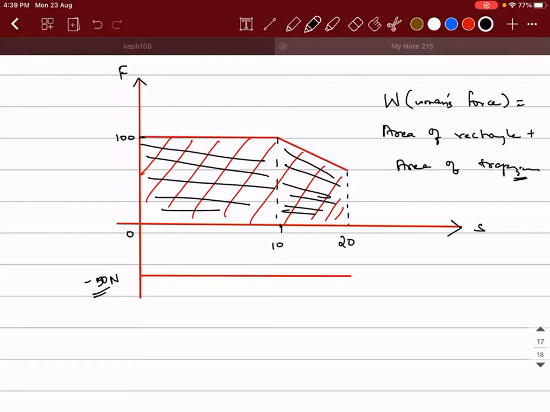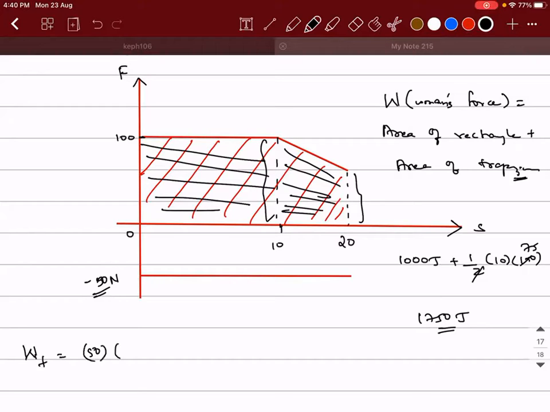What is the area of the rectangle? 1000 joule. Plus the area of the trapezium: half into base into sum of the parallel heights. This height is 100, this height is 50, so it is 150, half of it is 75, so it is going to be 750. So 1750 joules is the work done by the woman. But what is the work done by the frictional force? 50 into 20 with a minus sign, because here the area is coming below the x-axis. So it is going to be minus 1000 joule.